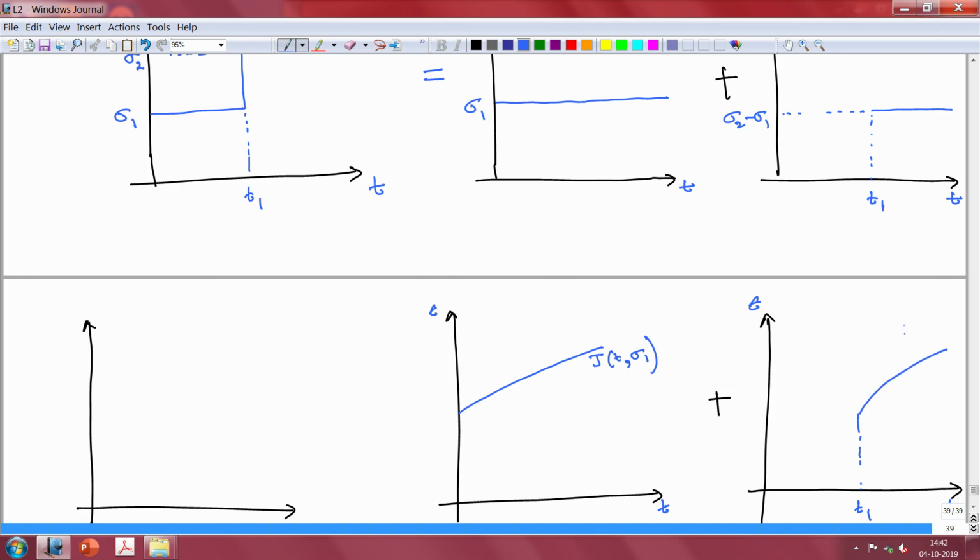The response to this separate function is simply J(t minus t1, sigma 2 minus sigma 1). Sorry, I think I flipped it. This is actually t minus t1, sigma 2 minus sigma 1.